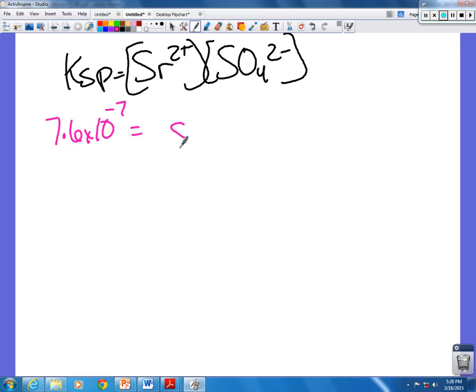And we know that it is going to be S squared, right? Do you agree this is a super simple problem? So somebody's going to read that for me. Now, we just solved for S. What's your unit?